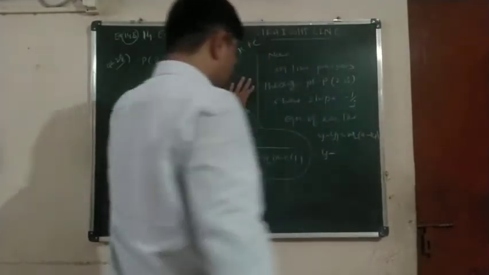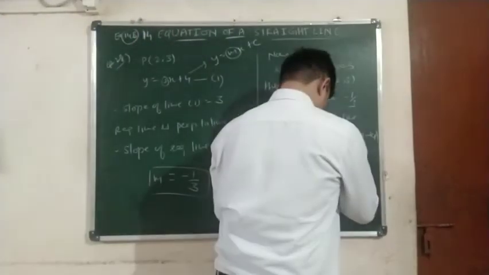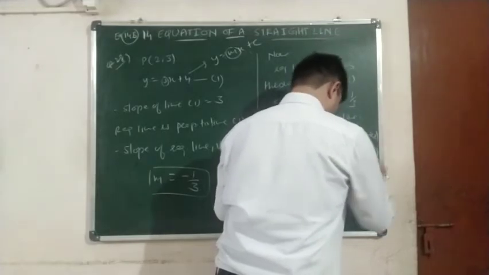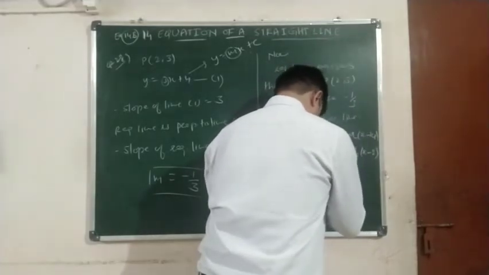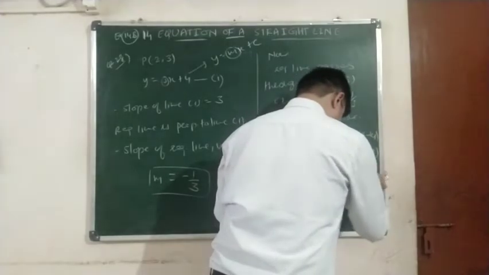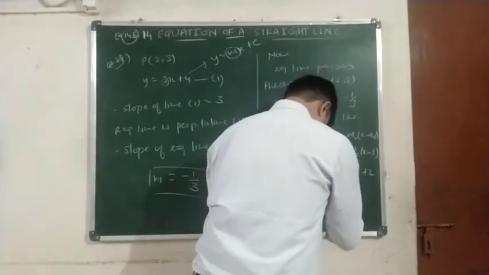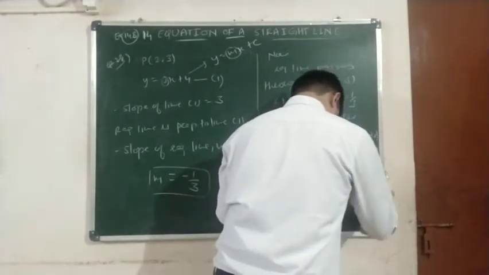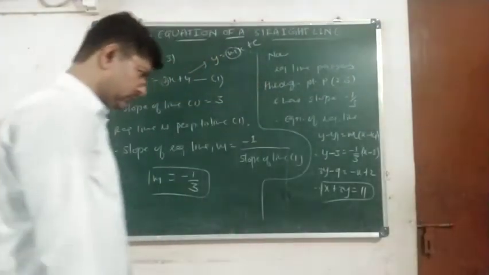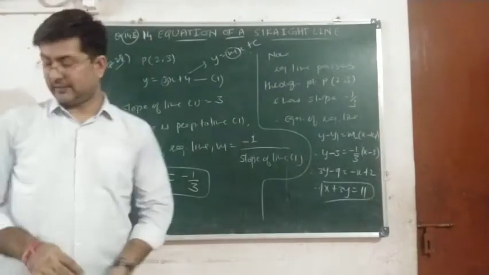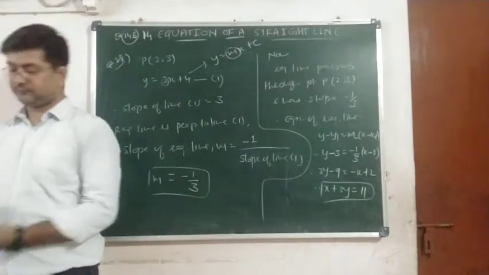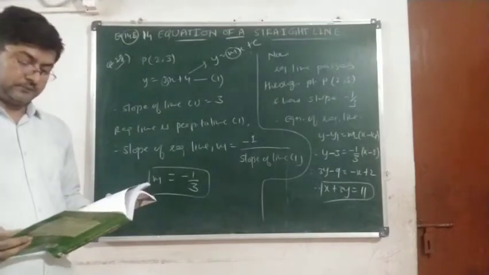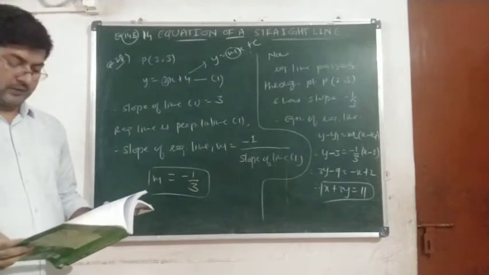Therefore y minus 3 is equal to minus 1 upon 3 into (x minus 2), therefore 3y minus 9 is equal to minus x plus 2, therefore x plus 3y is equal to 11. Okay, so this is the required answer. This question was pretty small: x plus 3y equals 11.